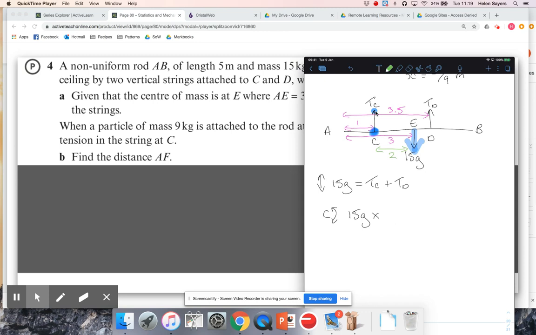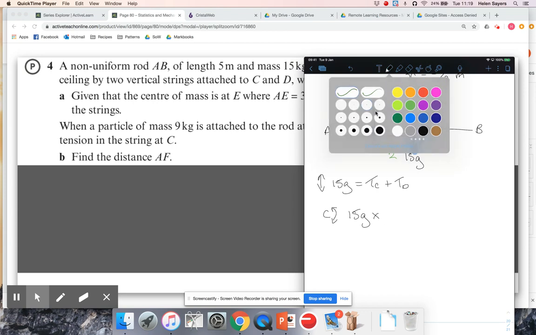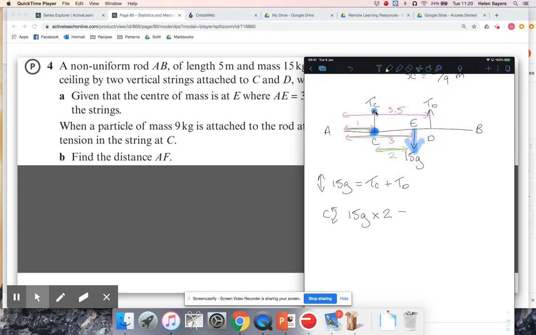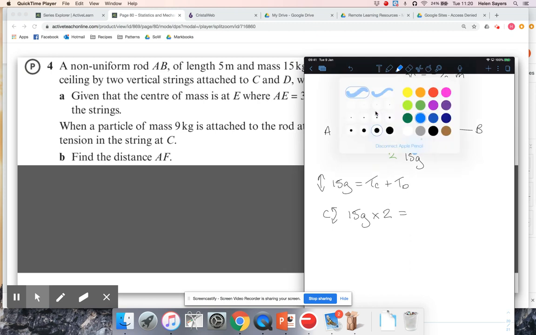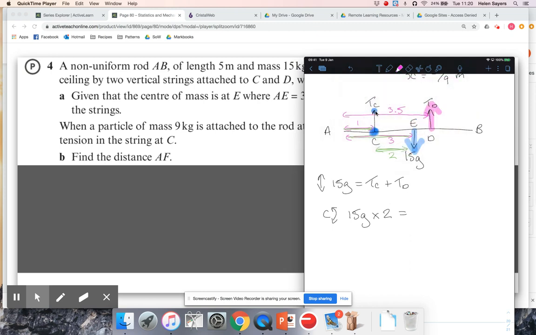It's not tricky, you just have to make sure you're on the ball with this. The total distance from A was 3 meters, and C is 1 meter, so that's going to be 2 meters. That's the only clockwise moment. The only anti-clockwise moment is due to the tension at D, which is what I don't know and what I'm trying to find.